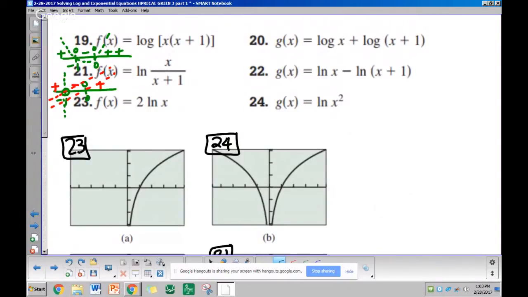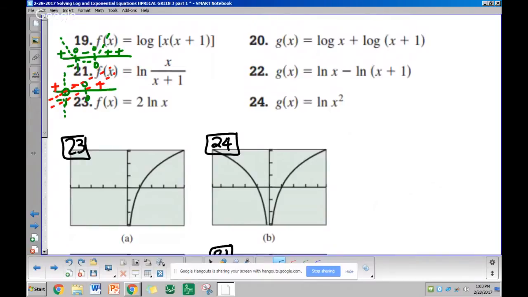Just a minute. Let's think about this. This is always going to be what kind of number? A number less than 1 when x is bigger than 0. Do you agree with that? It'll never be 1.